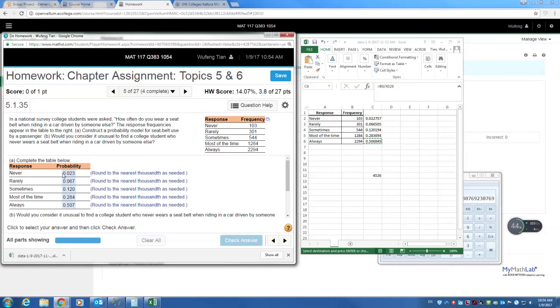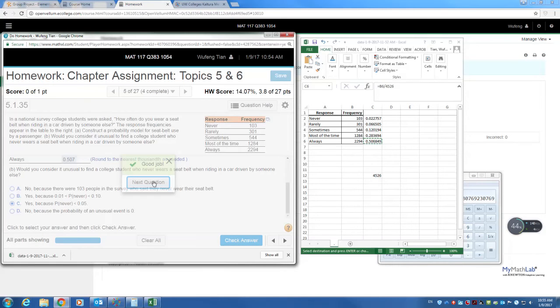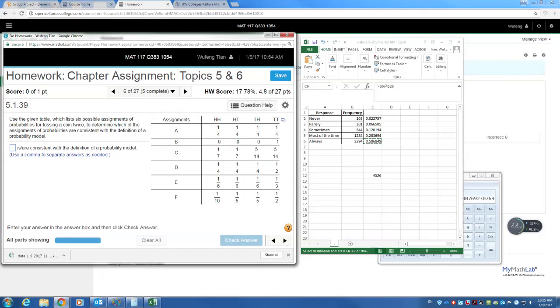Just very few, 0.023 probability that they don't wear a seat belt. Less than that, yes. It is unusual. Next question.